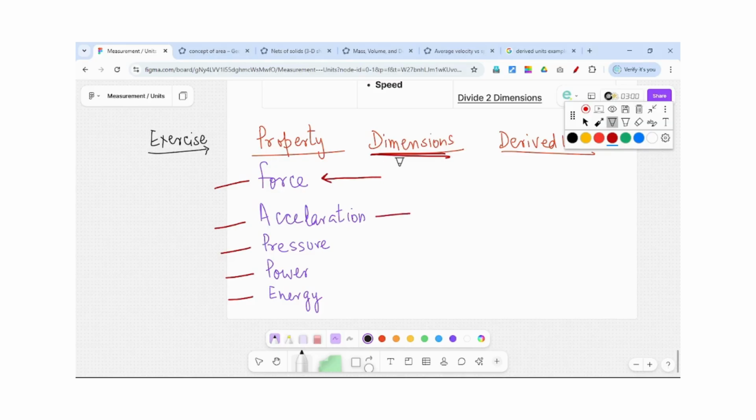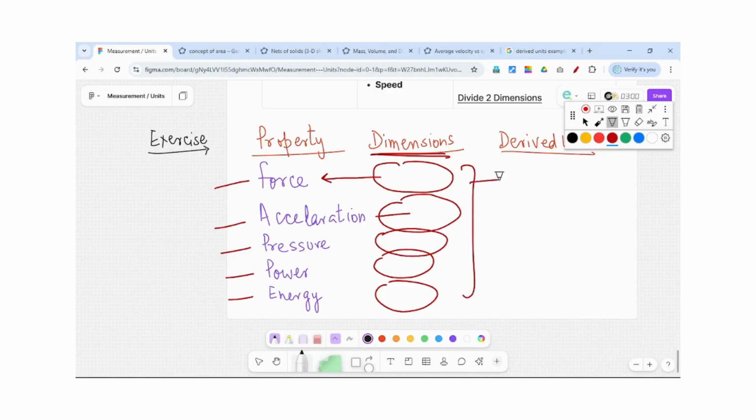Write down the dimensions over here, as we did in case of density and speed, whether they are being multiplied or divided, and that will give you the different derived units. You can pause this video here, note down these properties, try to find the dimensions involved, and then you will be able to find the derived units.